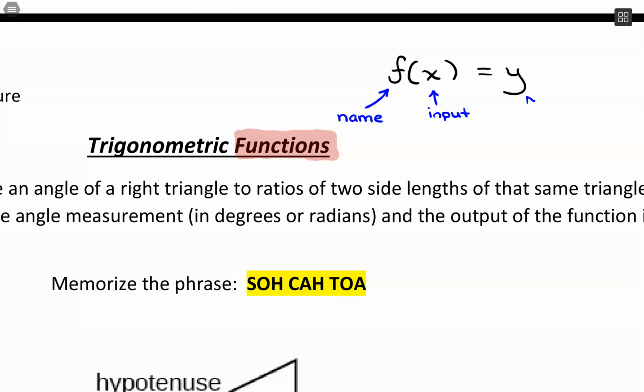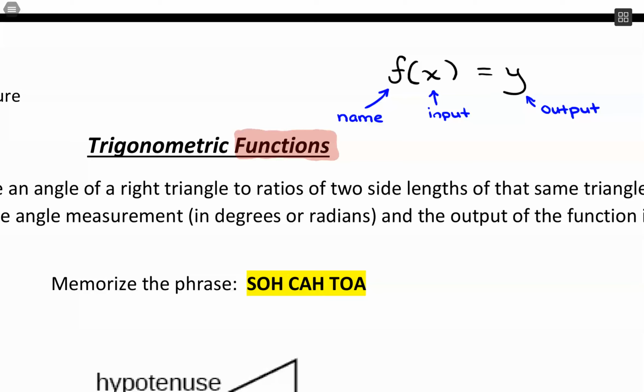And then the output for the function was often our y coordinate that we were looking for. So in our algebra classes, we dealt with functions where you input an x coordinate, get out a y coordinate, following this operation that f told us to follow.